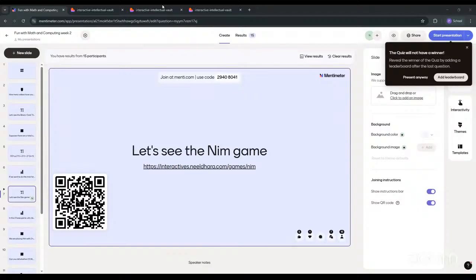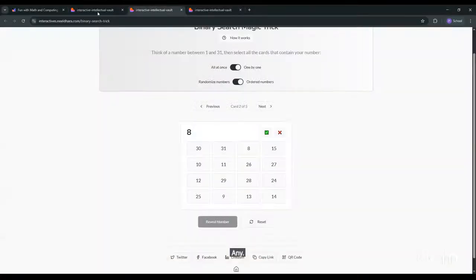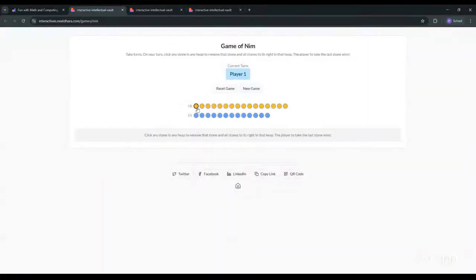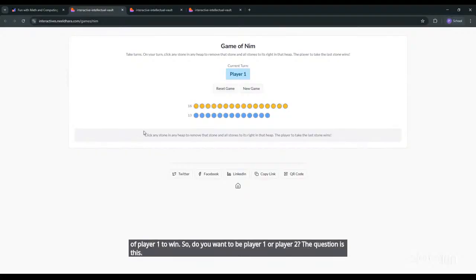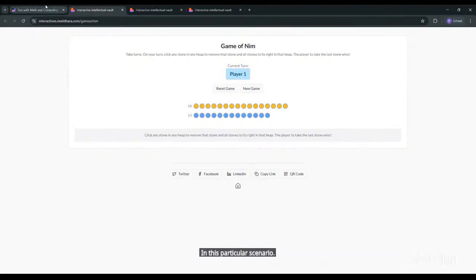So one heap has 16 stones, the other has 13 stones. And what should the strategy be for player 1 to win or for player 2 to win? Do you want to be player 1 or player 2? The question is this, in this particular scenario, if you want to win.